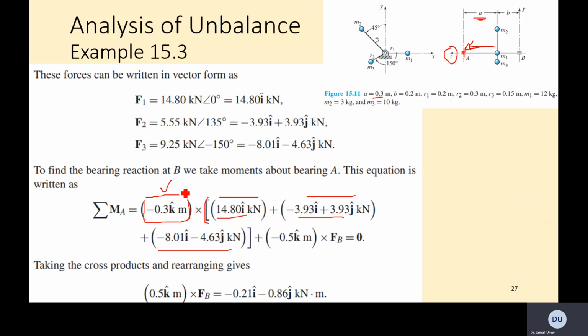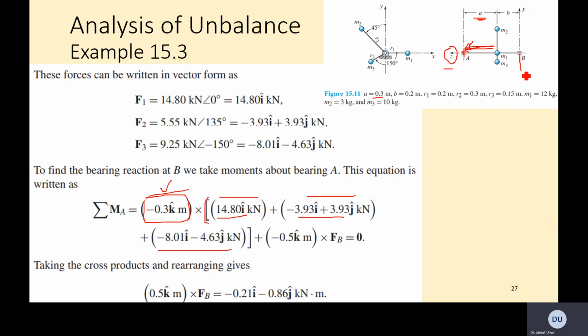Be careful with the displacement. Displacement positive or negative really matters. In the last one we had one case of positive and negative. The same case is over here, but the z-axis is in a different direction now. So we got z positive in this direction. If you take moment at A, this we are getting towards negative. That's why we have minus negative 0.3 k.